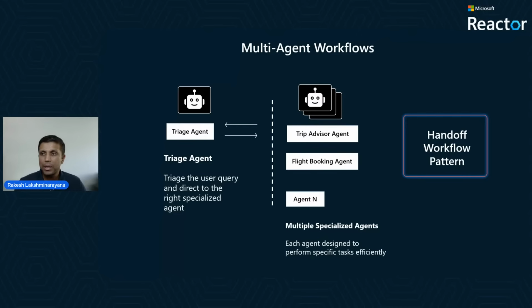Just like how we apply the single responsibility principle in software design, we can apply the same principle to agentic applications as well. So this is where we can split the solution to use multiple agents and have each agent specialize in its own domain. And each agent can have its own model, instructions, and tools that are optimized to carry out its task.